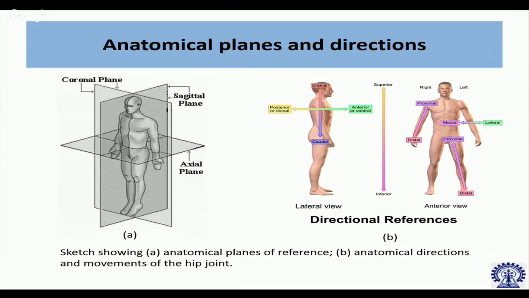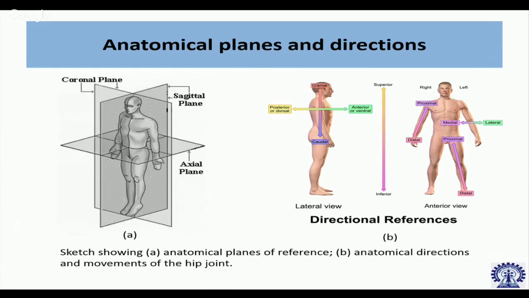Now, before I move on to the different aspects of anatomy and physiology, we need to define certain anatomic planes and directions, as we do in engineering drawing. You remember, everybody has done engineering drawing? So you know what is plan, elevation, top view, side view, front view, sectional view. Similarly, we have certain anatomical planes and directions as well as certain nomenclature.